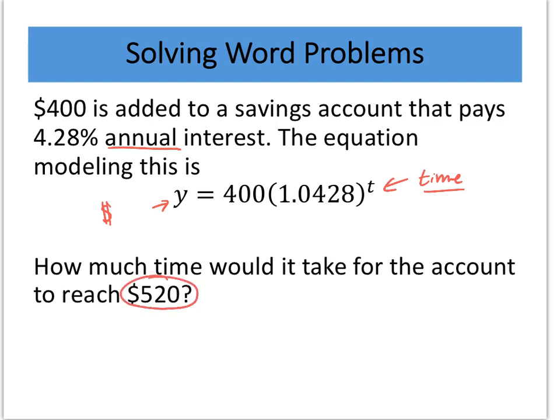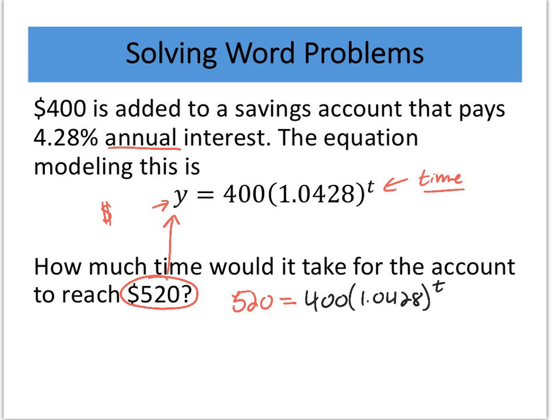So instead of the y value being the output for a specific time, we're going to substitute the y value with 520. And so really we're going to see 520 equals 400 times 1.0428 to the power of t.